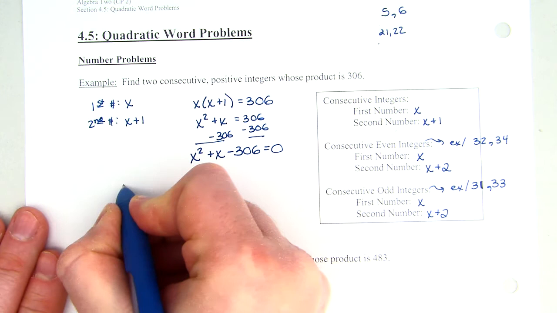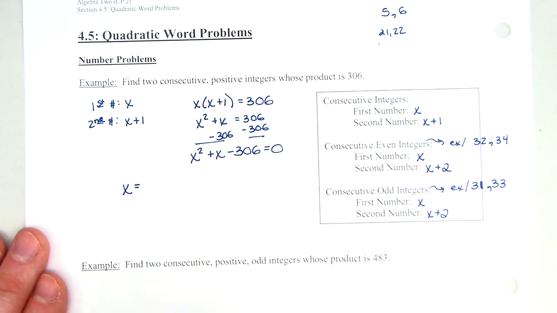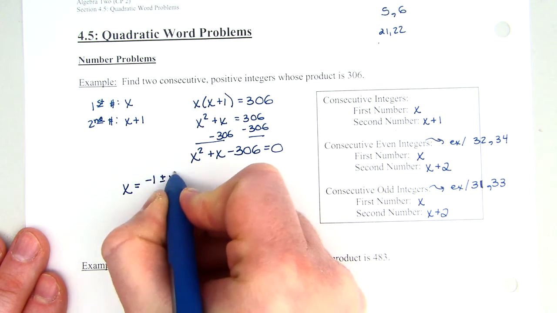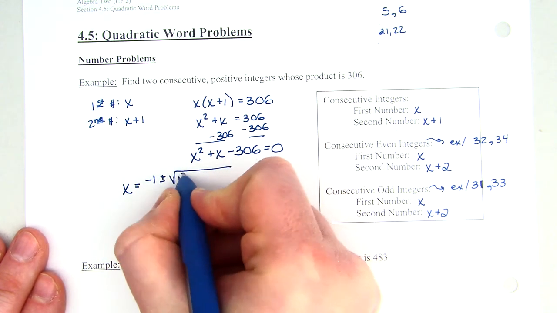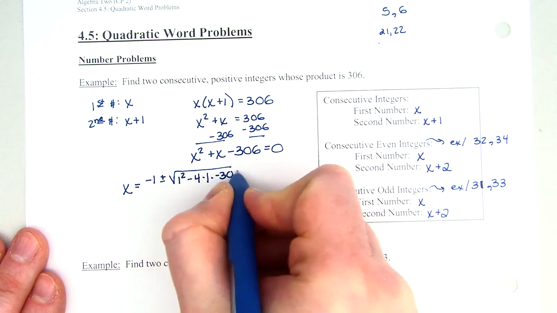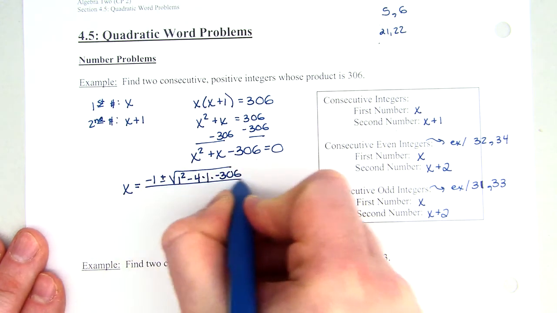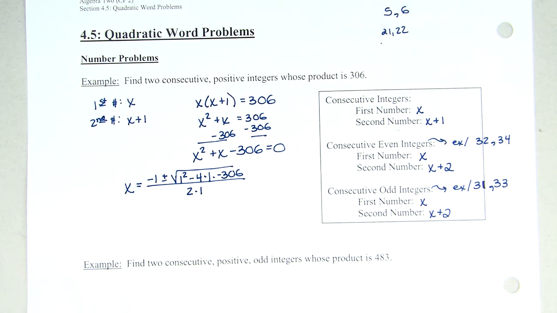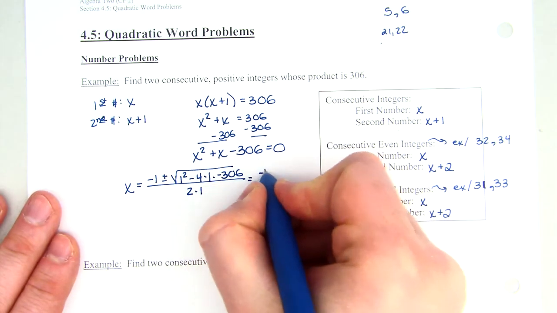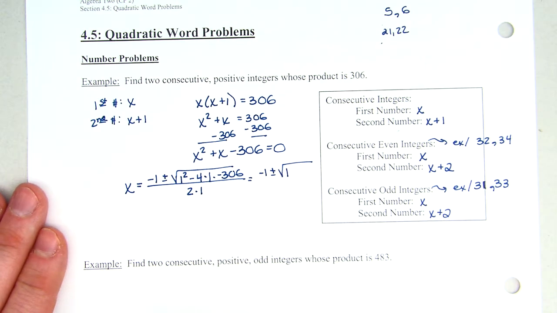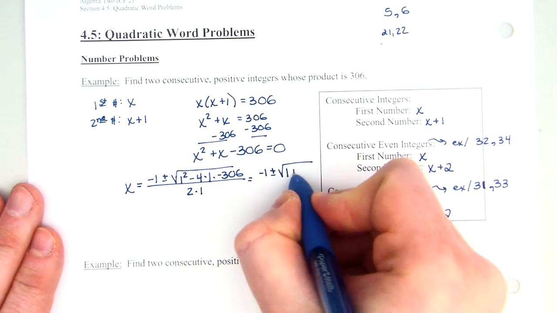Using our quadratic formula, we're going to get x equals negative b, negative 1, plus or minus the square root of b squared, 1 squared, minus 4 times a times c, all over 2a, all over 2 times 1. This is going to equal negative 1 plus or minus the square root of 1, and those double negatives are going to turn it into a plus.